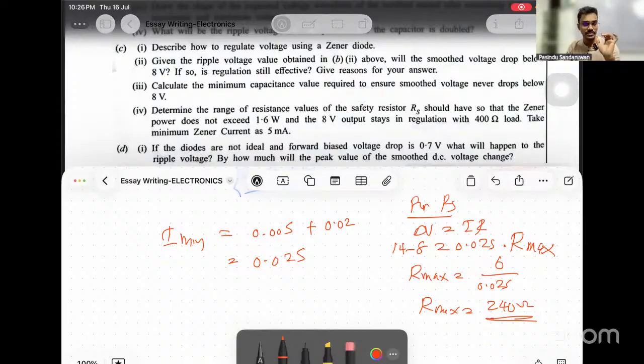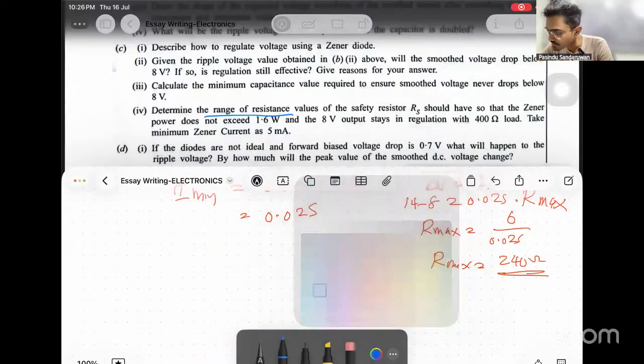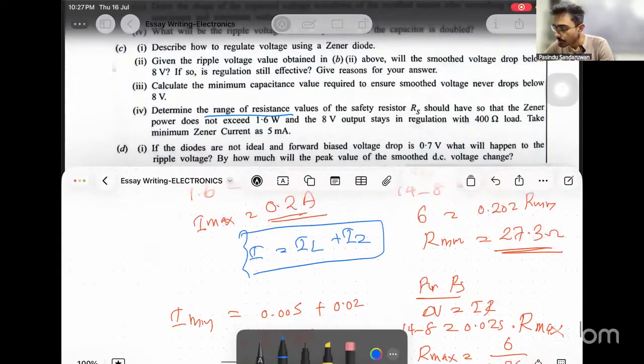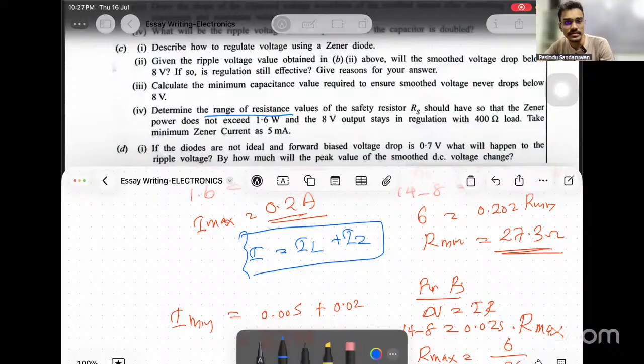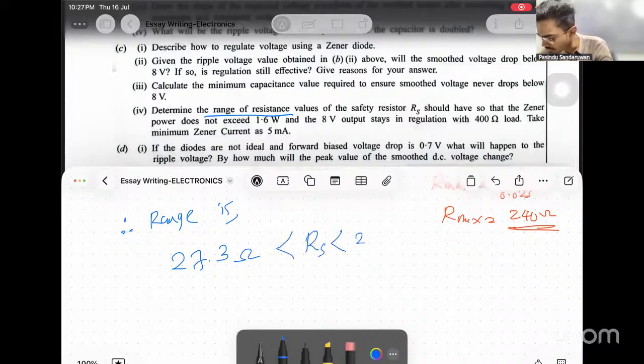Now what was asked from us? That was about the range. Determine the range of resistance. Then you have to mention the range. Therefore, the range varies from the minimum value 27.3 ohms to the maximum 240 ohms. 27.3 ohms is less than RS, which is less than 240 ohms.